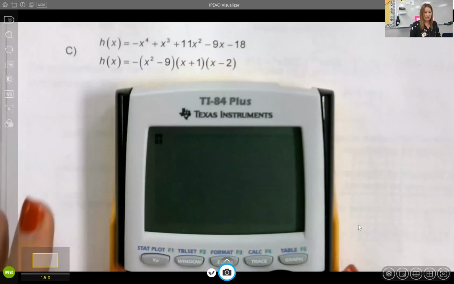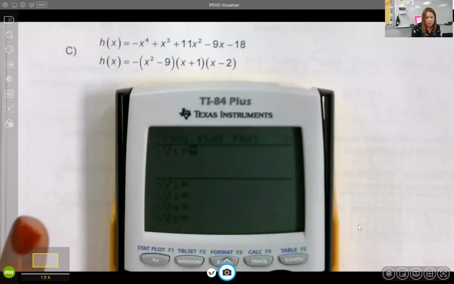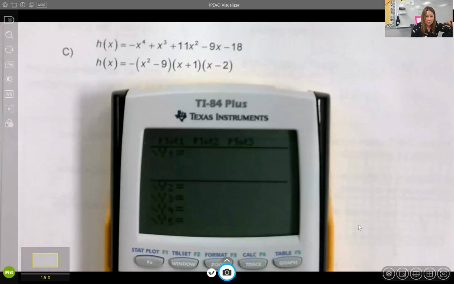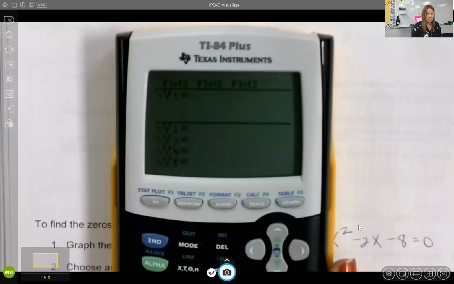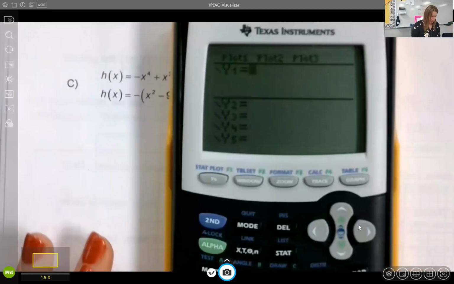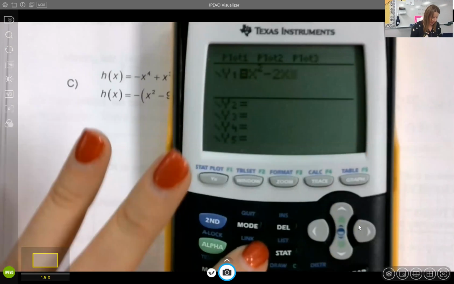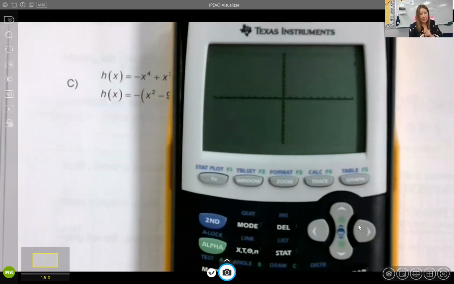See if you guys can see that. All right, so I'm going to go to y equals. All right, so I'm going to enter that in the calculator. So x squared minus 2x minus 8. I'm going to graph that.